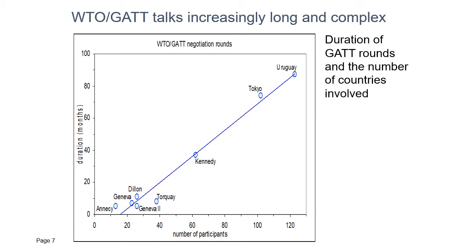If you look at the talks that happened in Uruguay, there were about 120 countries that took part in the talks about trade. You find that that meeting lasted just under 90 months. And the meeting doesn't mean, oh, we're going to sit here for 90 months. It means there's a couple of meetings that they have.